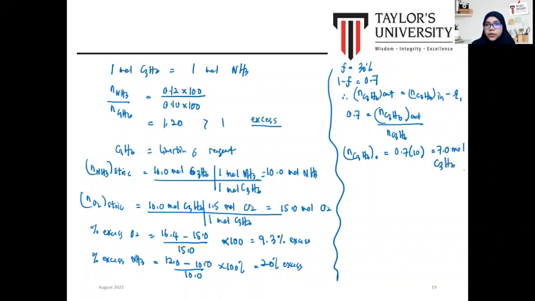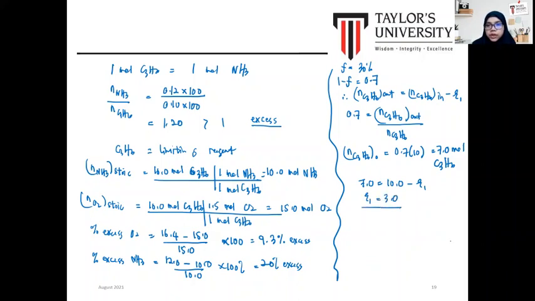So this is our output here. It turns to 7 here, equal to the input of 10 minus the amount consumed of the limiting reactant, equal to 3.